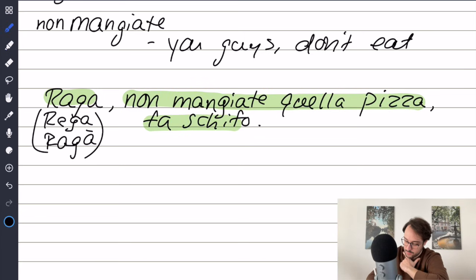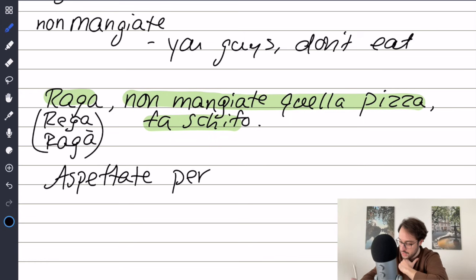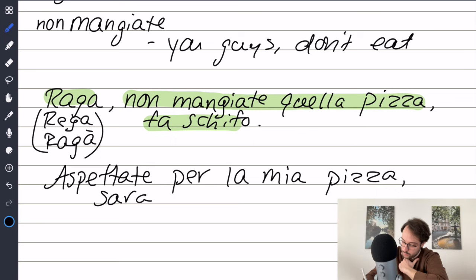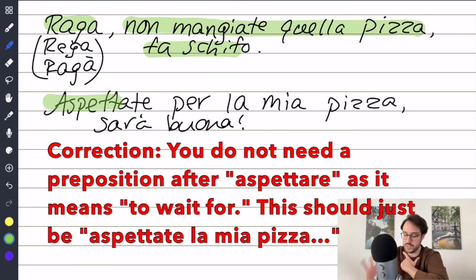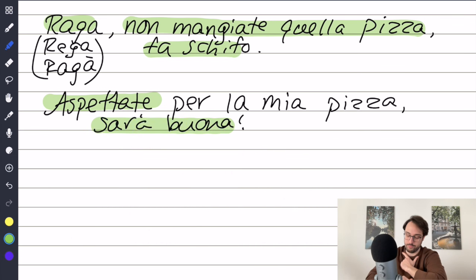You could then say to them, aspettate per la mia pizza. Sarà buona. So now I'm using another command in the voi form, saying aspettate per la mia pizza. You guys, wait for my pizza. It's going to be good. Sarà buona.